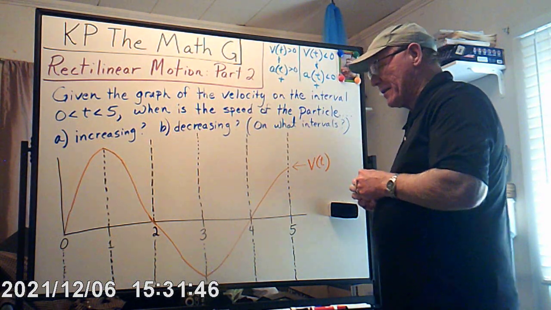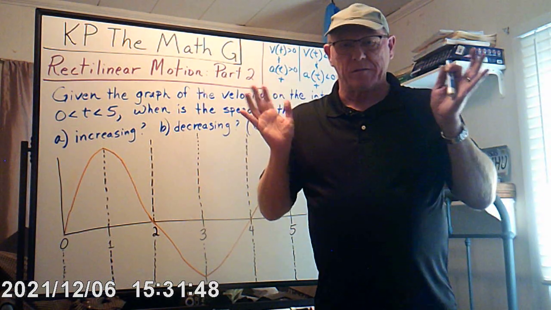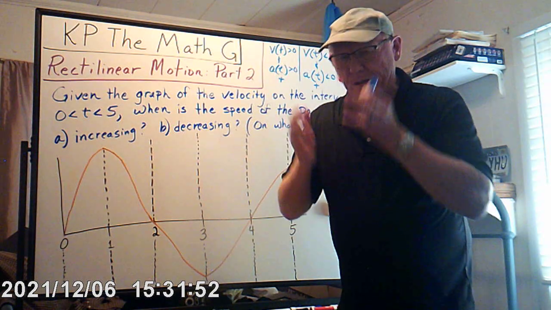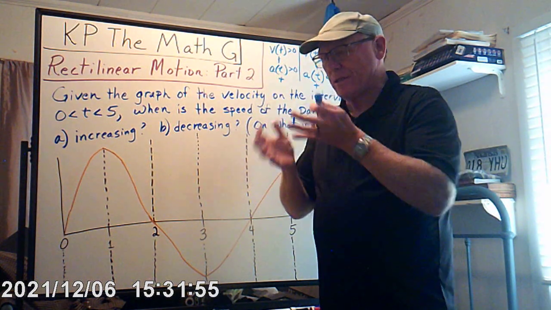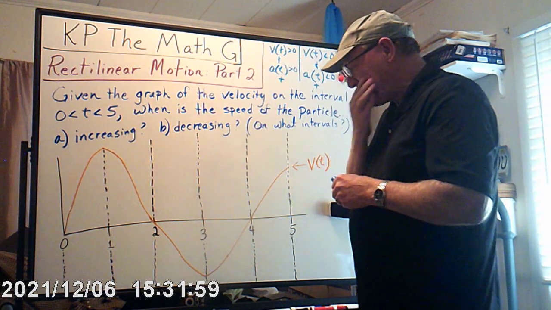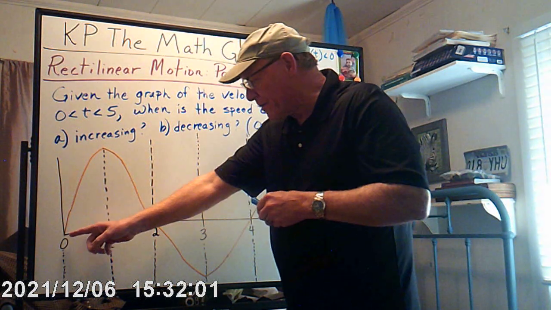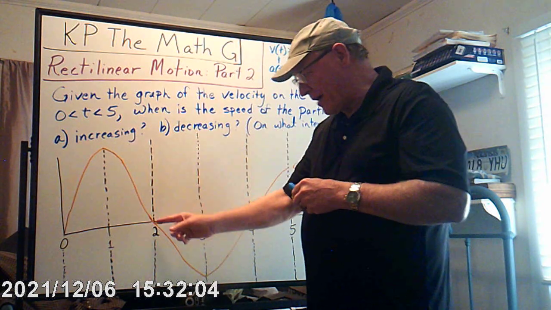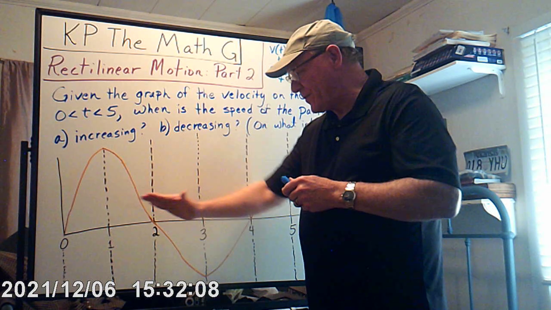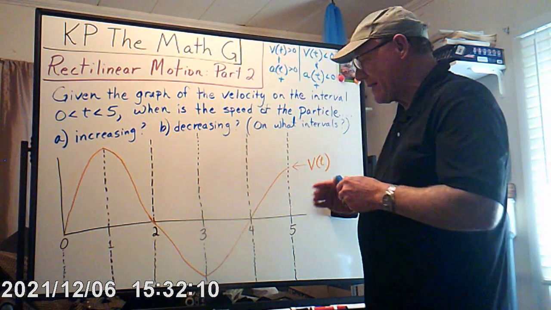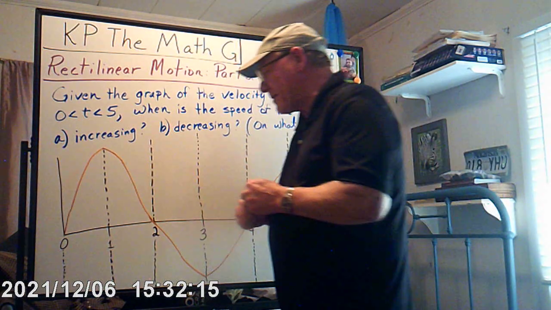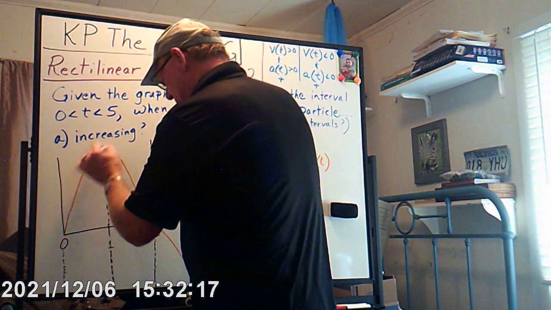Alright, so let's look at this. Now, when is the velocity increasing or greater than 0? It's greater than 0 as long as v is above the t-axis. So v at t is greater than 0.